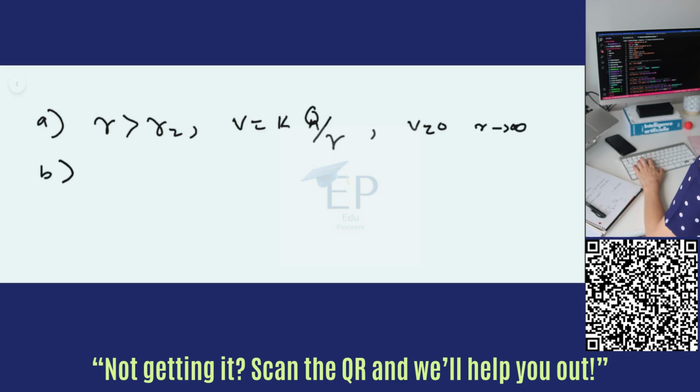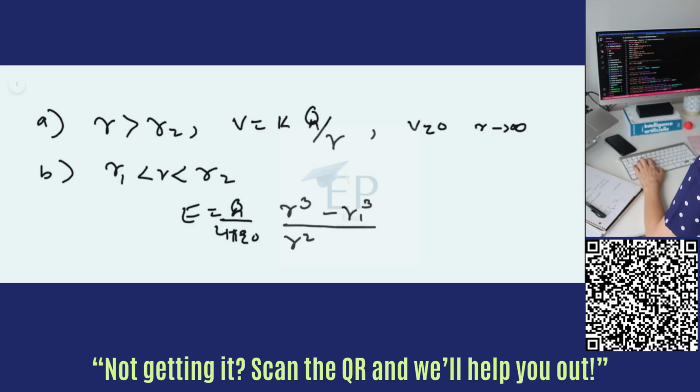For part B, in the region r1 less than r and r less than r2, we have electric field E equal to Q divided by 4 pi epsilon times (r^3 minus r1^3) divided by r squared, (r2^3 minus r1^3).